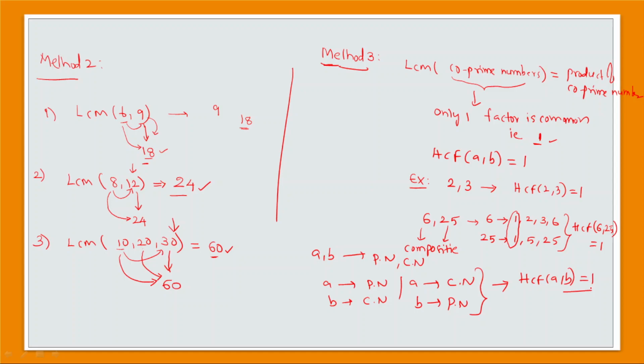Let us consider some examples regarding this method 3. The LCM of 3 comma 5. What we discussed means the LCM of co-prime numbers is simply the product of the co-prime numbers.